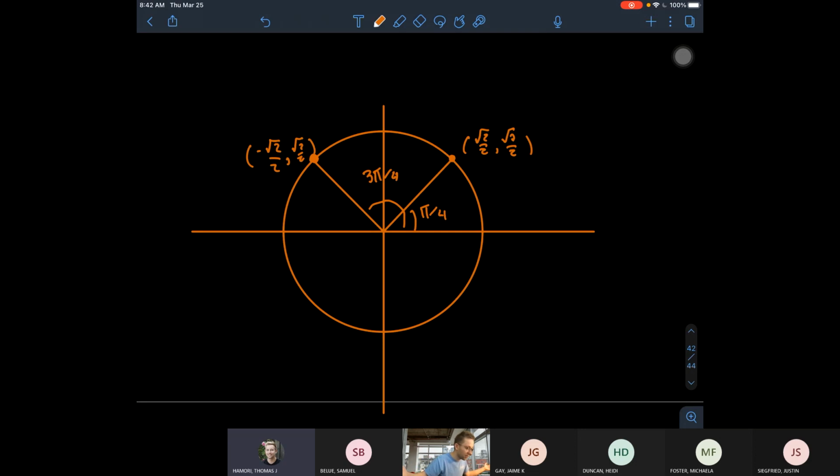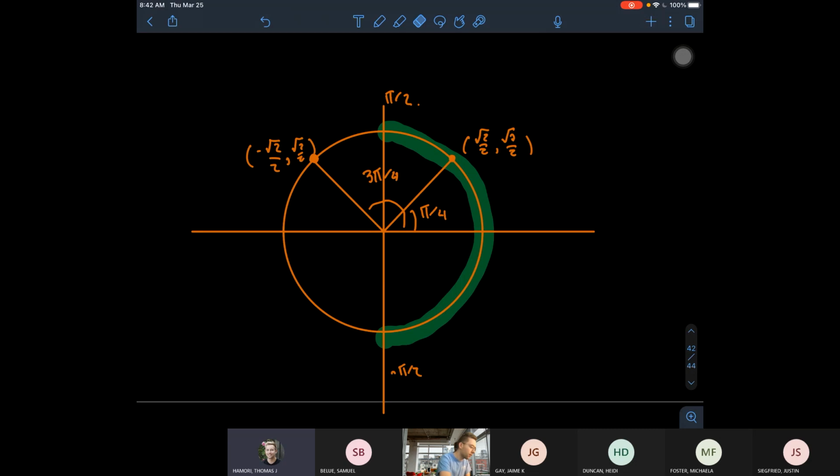So which one do you want me to pick? And I come back at you and I say, I want you to tell me the one that's on the right half of the unit circle. In other words, the value of theta should be between negative pi over 2 and pi over 2. So that's how I fix my question so that it makes sense.